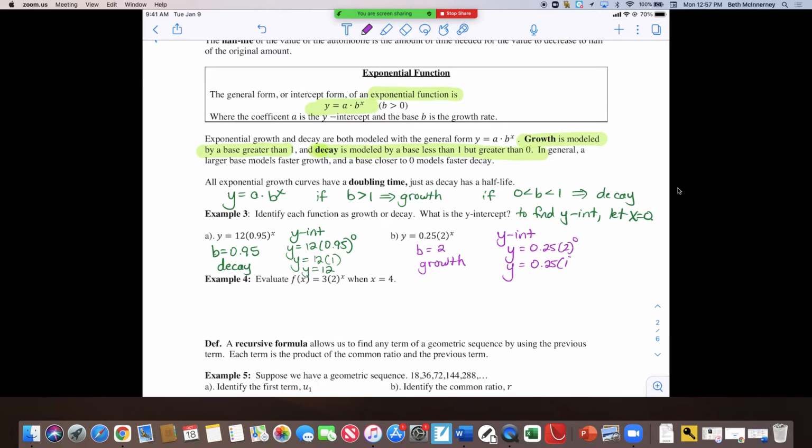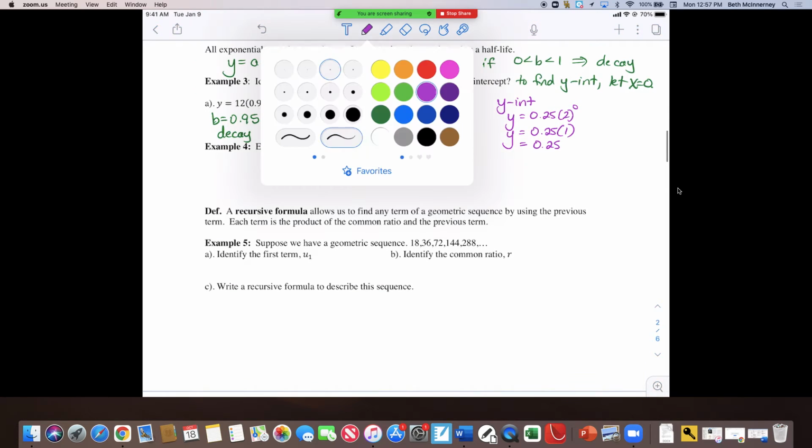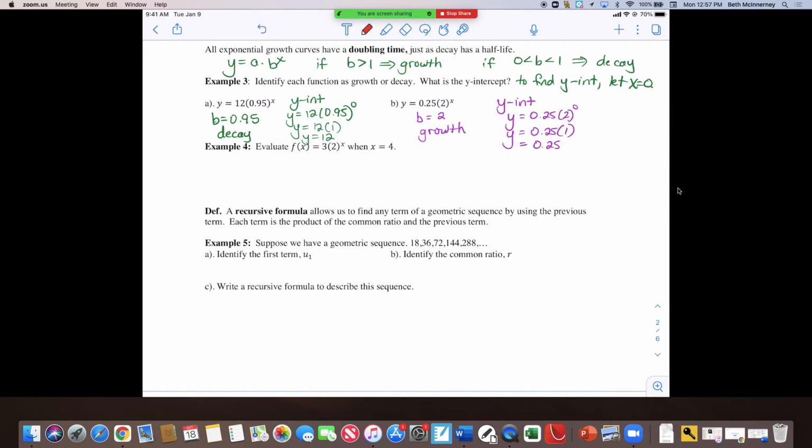Well, 2 to the 0 is 1, so my y-intercept is 0.25. All right, so in order to determine growth or decay, you identify your B value. The B value tells you growth or decay. To find a y-intercept, you let x be 0.